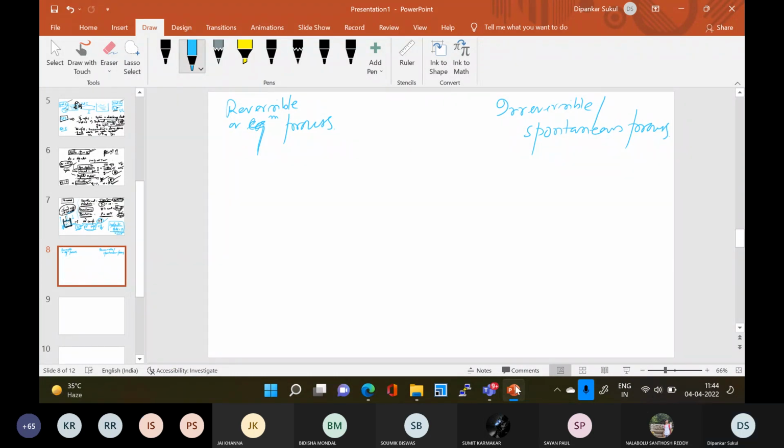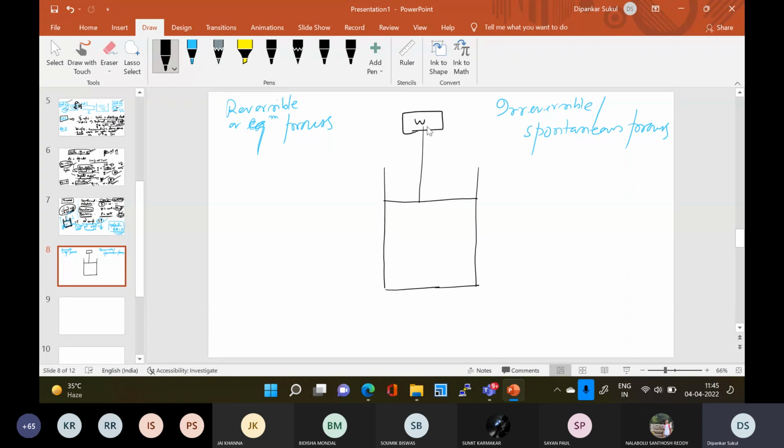Suppose I have taken a cylinder and this is fitted with a frictionless piston. Now, there is a particular opposing weight here.